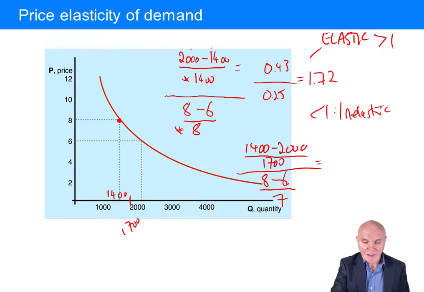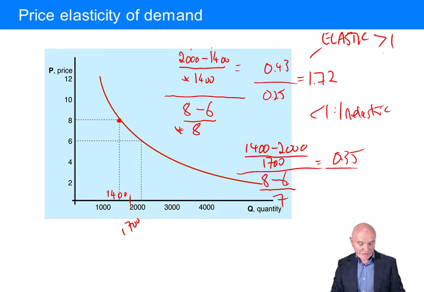Going to be 0.35, call it. And on the bottom line, we have 1 divided by 7. It's 0.14. So we're coming out there with 0.35 divided by 0.14.